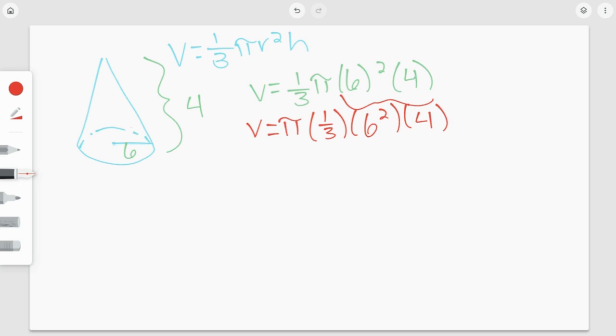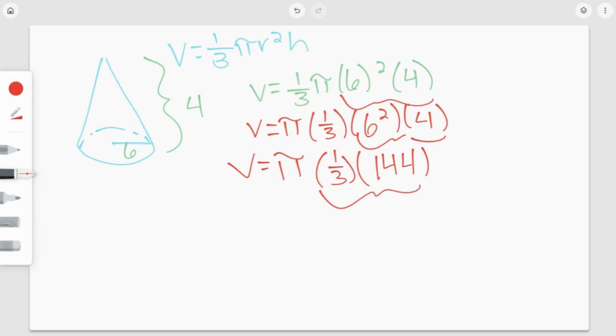I'm going to multiply this stuff together first. So 6 squared is 36. So we have 36 times 4, which is 144 times 1/3 times pi. Now if it says in terms of pi, we're going to still keep the pi there. We're just going to multiply these two numbers.